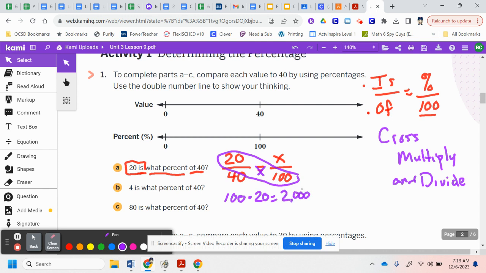And I'm going to divide that by the only number that's left, which is 40. And when I divide 2,000 divided by 40, I get 50. So 20 is what percent of 40? That is 50%, because that's what's going to be my percent right there.